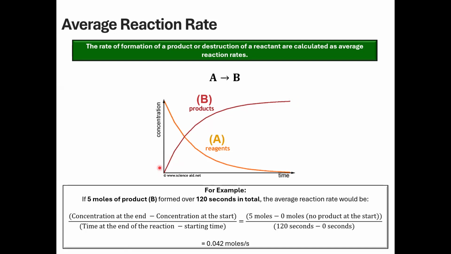Because it's a product, there's no product at the start, so that's why I have 0 moles over here, because the reaction hasn't happened yet. Then you divide that by the total time of the reaction. In this case the reaction proceeded for 120 seconds, so that's what your time would be over here, and your starting time is obviously 0 seconds.